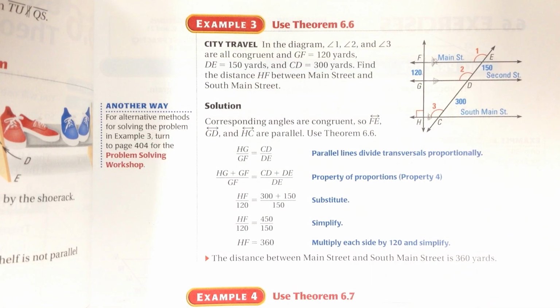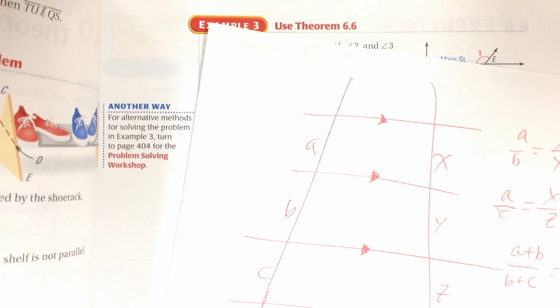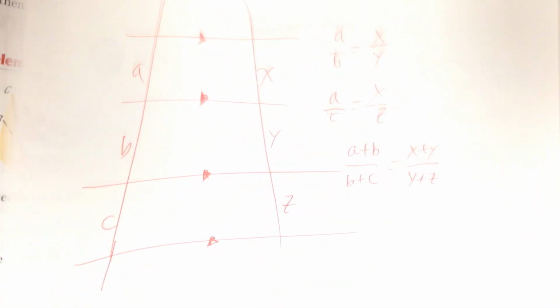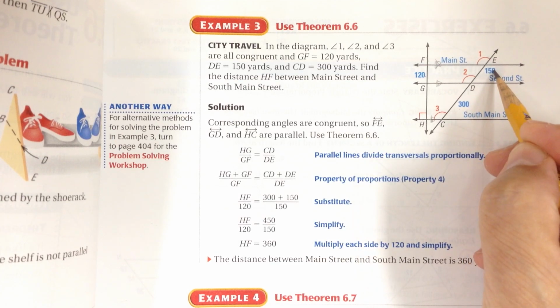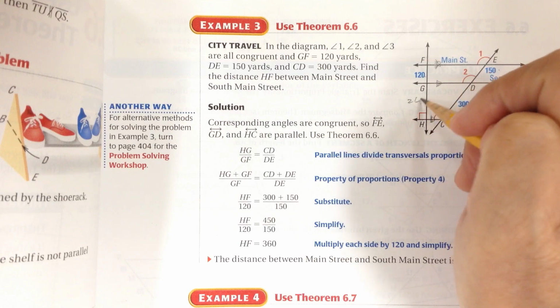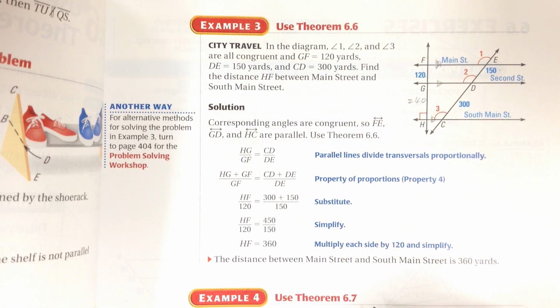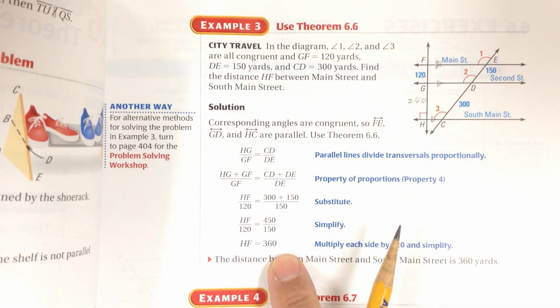You can go and write all the equations you want and solve, okay? But it's easy if you just look, okay? This is twice as that, this is twice as that, so this would be 240, okay? And therefore, HF would be 360, and that's your answer, see that?